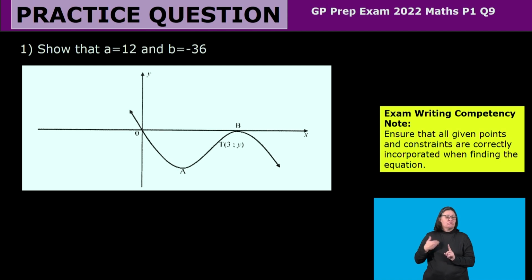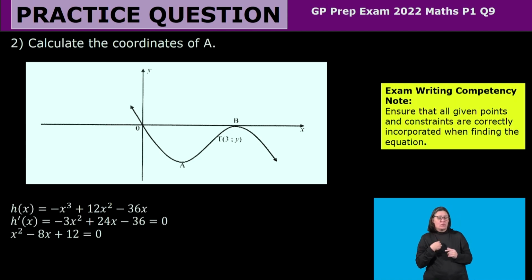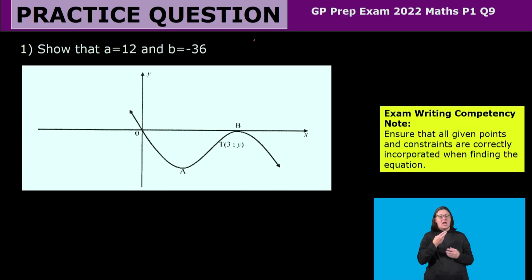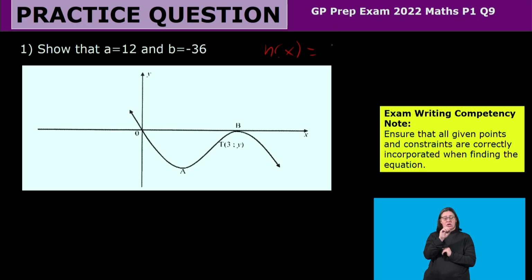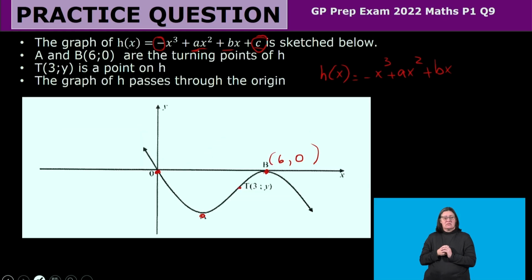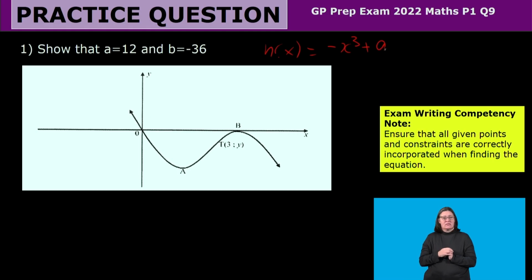Okay, so far in our question, we have h of x from the previous slide. Let's just take that information down: h of x is equal to negative x cubed plus ax squared plus bx.